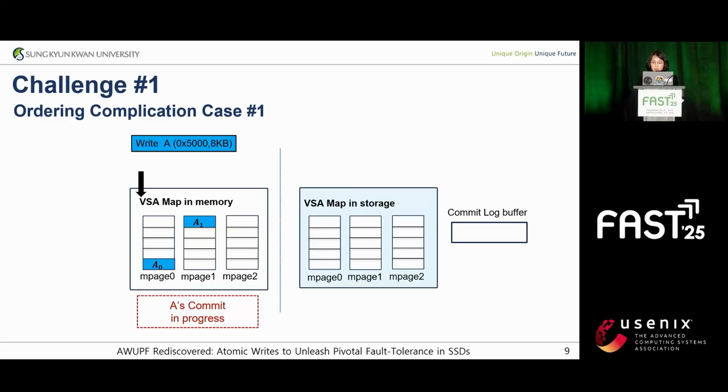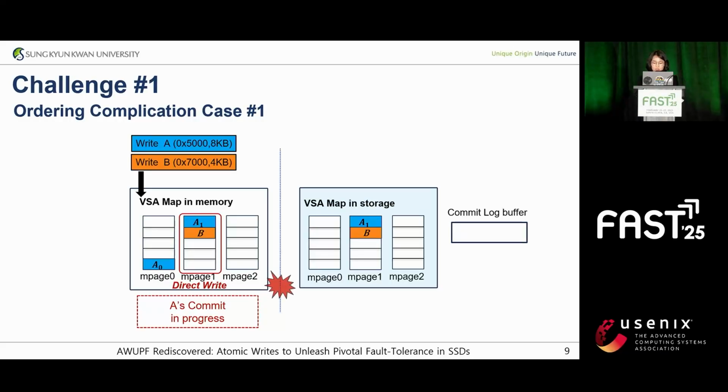When write A modifies M page 0 and M page 1 in memory, to maintain consistency, it must be fully committed before any further updates take place. However, if write B updates the VSMap in memory before write A is committed, it directly writes M page 1, including A1. As a result, a portion of write A's metadata is stored in the SSD prematurely.